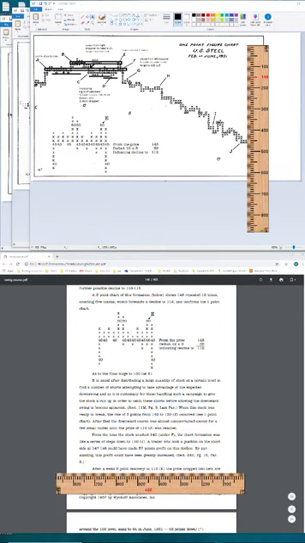He says, if you took a short, you could pyramid on the way down, etc.